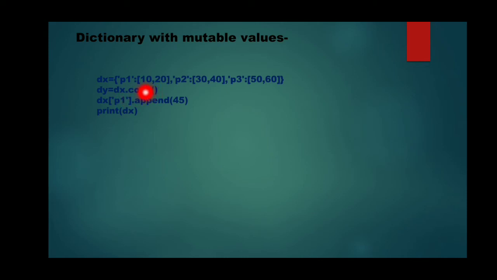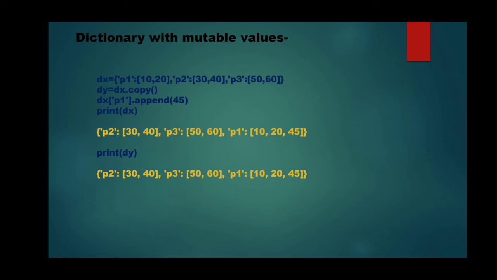Till now it has two values, 10, 20 as a list. Now in this list I am appending one more value, that is 45. Now when I display dx, see, p1 has a newly inserted value in the list. Now when I display dy, see, dy also contains this newly inserted value. The reason is that the value is mutable.